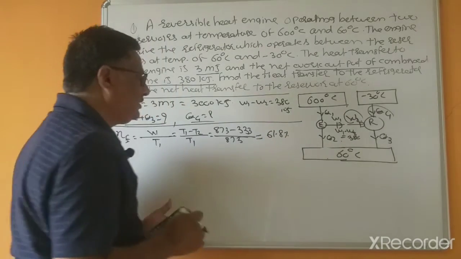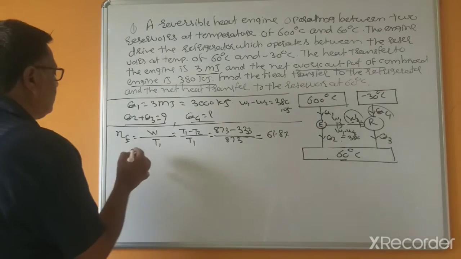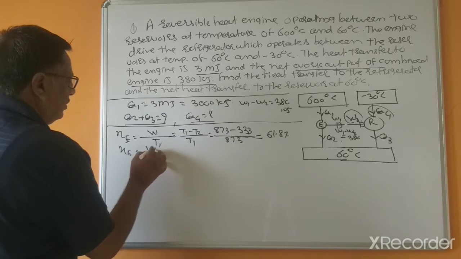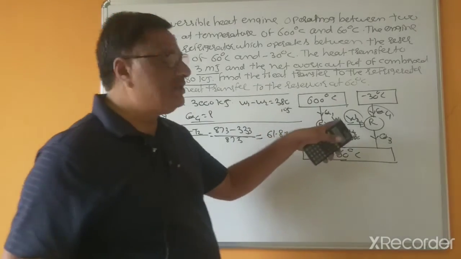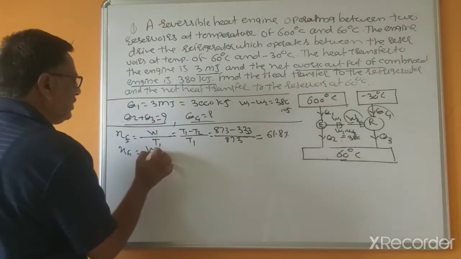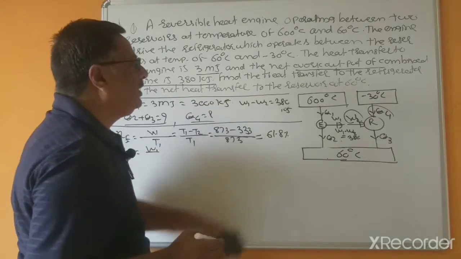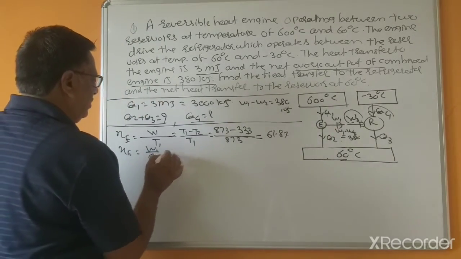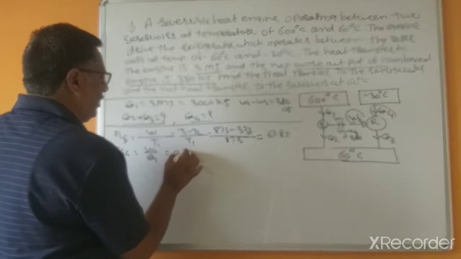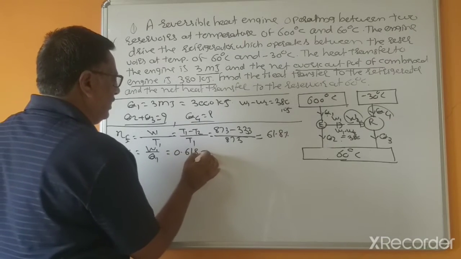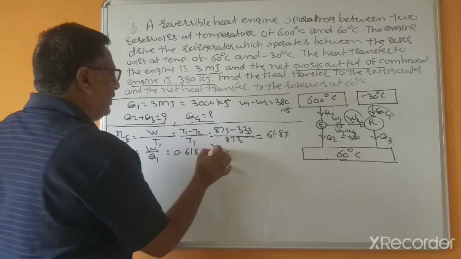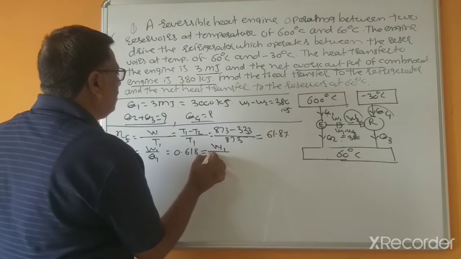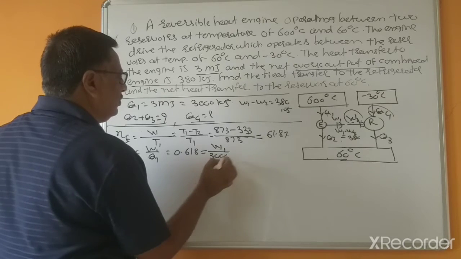This is equal to 61.8%. This is the efficiency. Again, efficiency equals work output W1 divided by what we are spending, Q1. So 0.618 equals W1 divided by Q1, and Q1 is given as 3000 kilojoule.